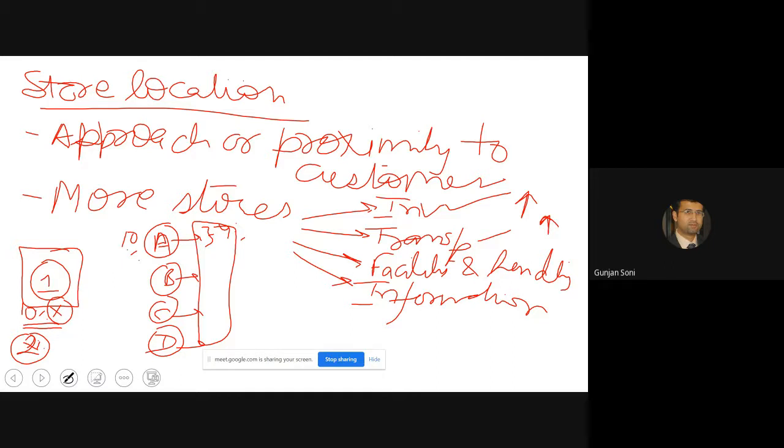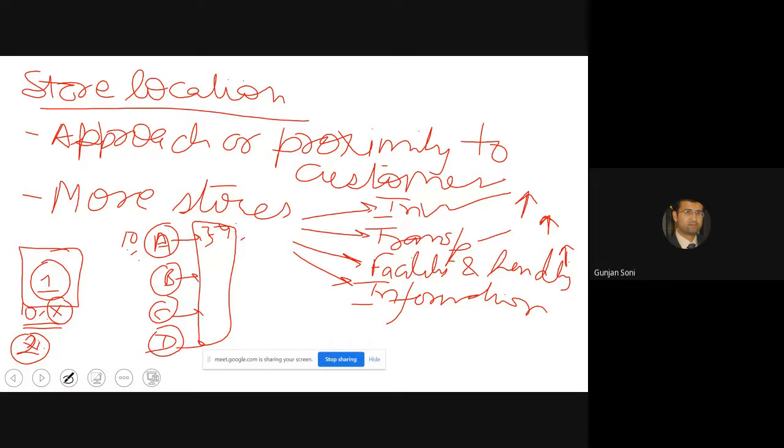So pick and drop is more as compared to the earlier situation where only very few stores are there. And the facility cost is going to increase because the more stores you are opening. Again, you may argue that initially it may decrease or increase, so again, it becomes a point. Right now, we can say they increase because that's what our understanding is right now.